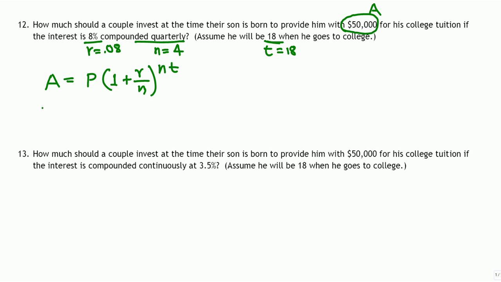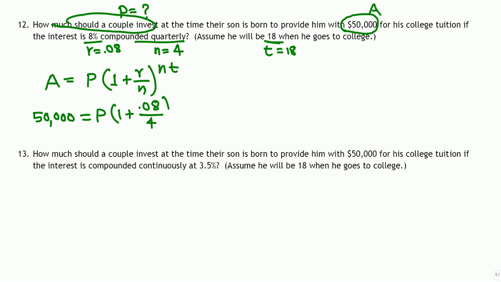A is what we want to have: 50,000 equals P, that's what we are trying to find, how much the couple should invest, times (1 + r, the rate is decimal 0.08, over n, quarterly, so 4) raised to n times t, 4 times 18.